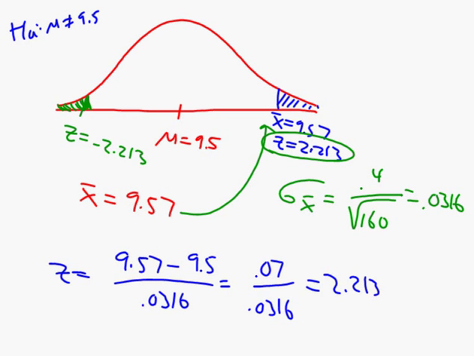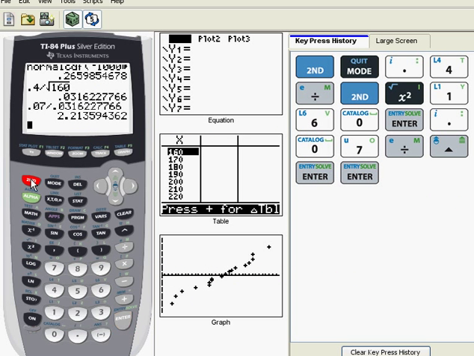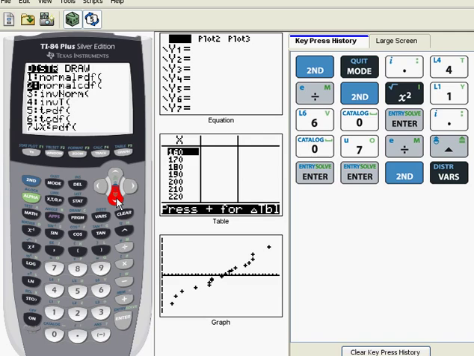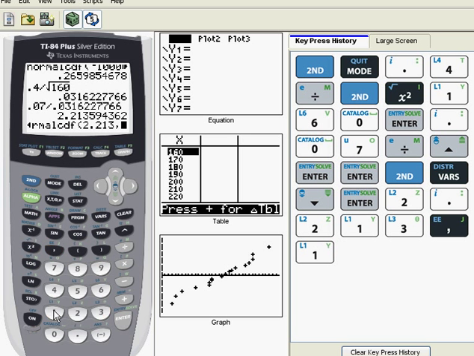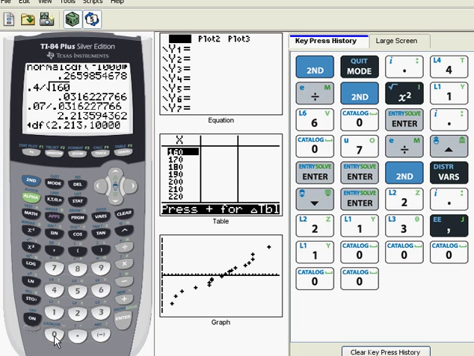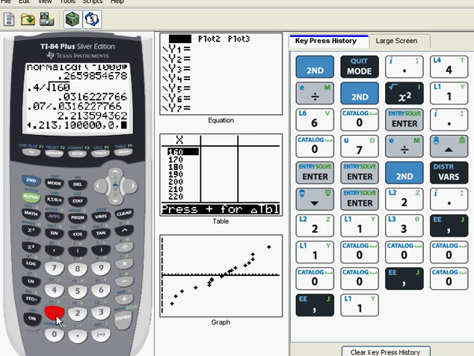So the final thing then is to calculate the p-value. But the p-value now is this area here plus that area. It's those two areas combined. Okay? So I need to get the area of one tail and then double it. So I'll go do that by doing the following. Second distributions, normal CDF, a z-score of 2.213, comma some massive number, comma 0, comma 1, because the standard deviation and the mean of the z-scores is 1 and 0.